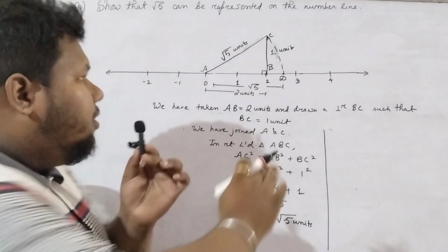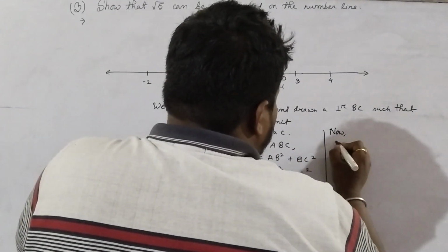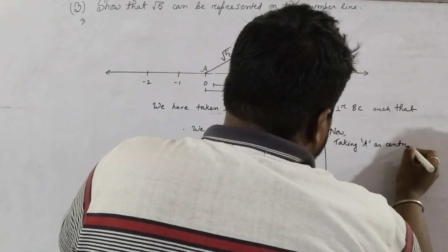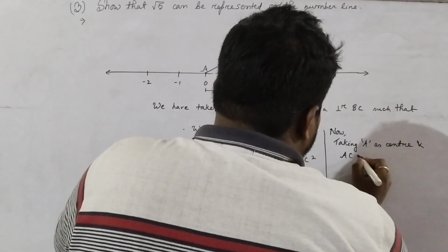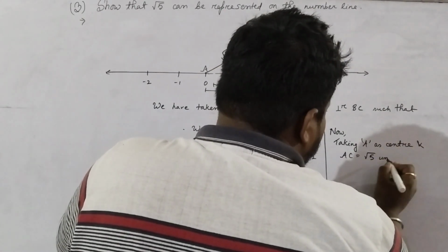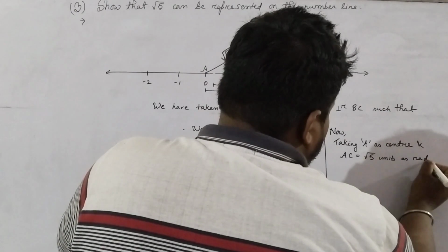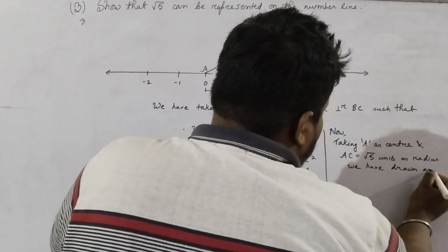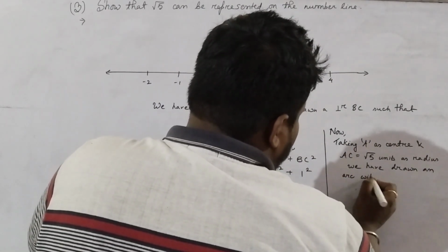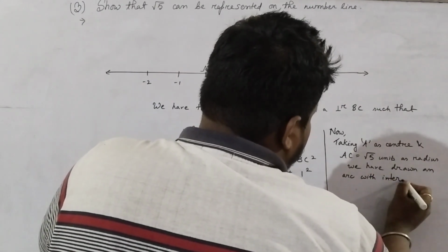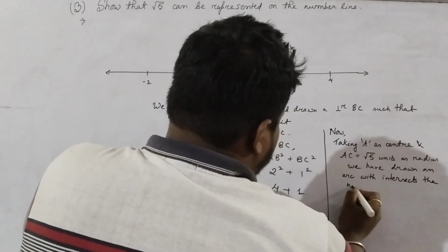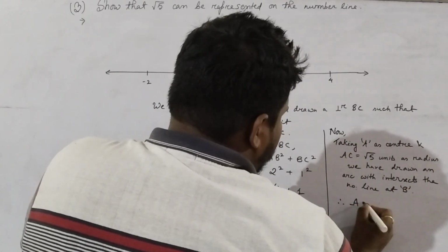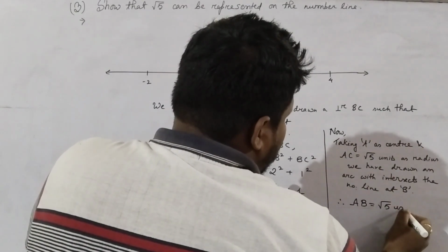So whatever we have done, we'll write here. Taking A as center and AC equal to root over 5 units as radius, we have drawn an arc which intersects the number line at B. Therefore, AB equals root over 5 units.